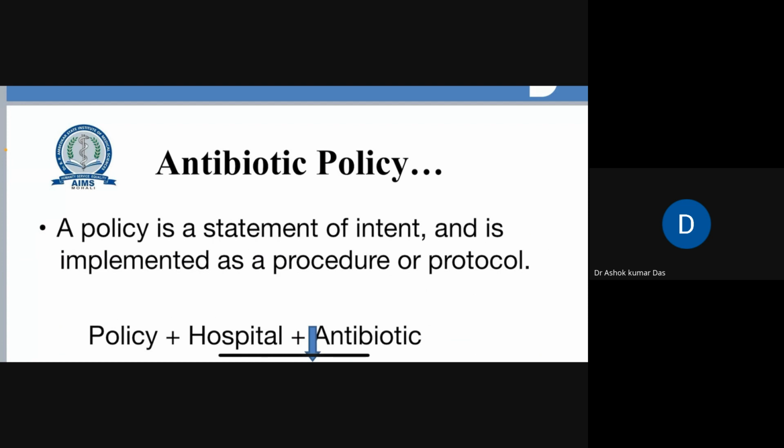Even our Prime Minister, two years back in his Mann Ki Baat, said that AMR should be prevented. So everybody is concerned about the use of antibiotics. We are trying that at least those infections which could be avoided should be prevented, so there is no extra use of antibiotics.